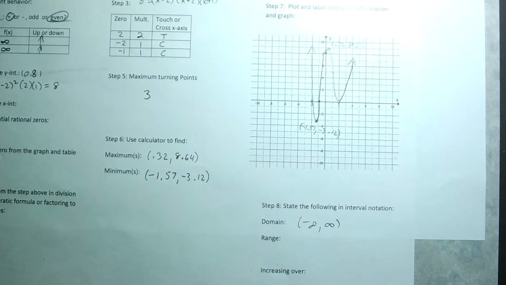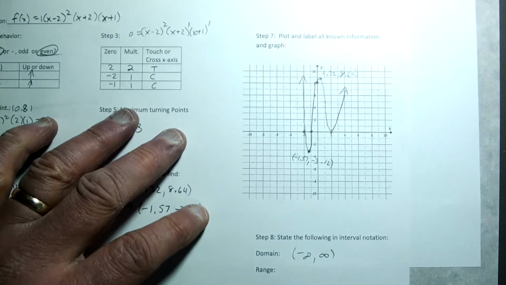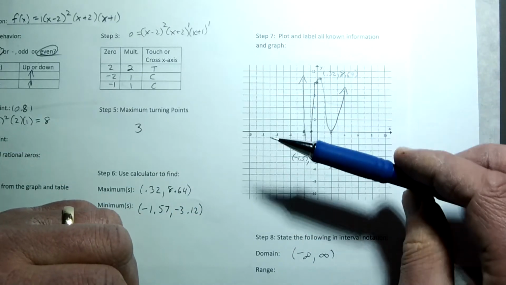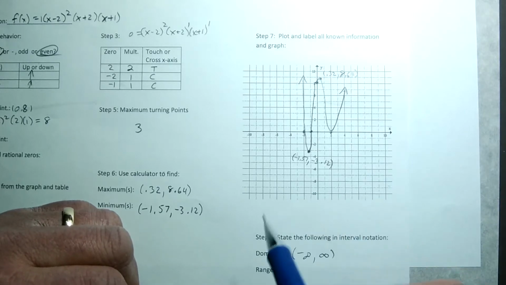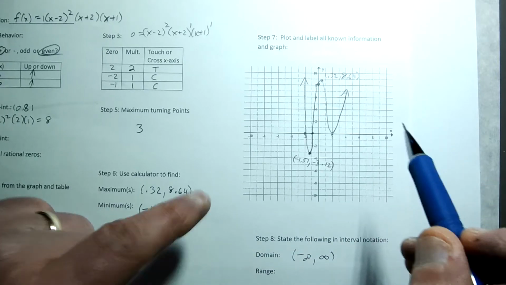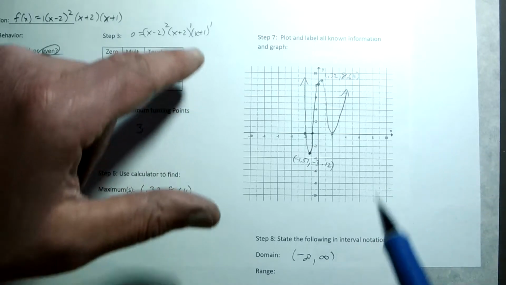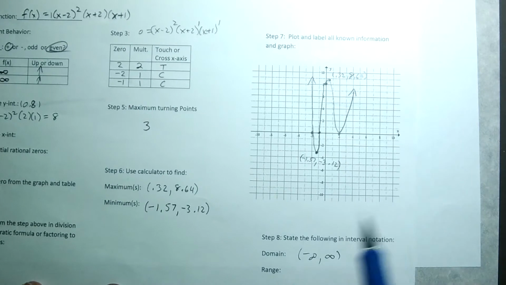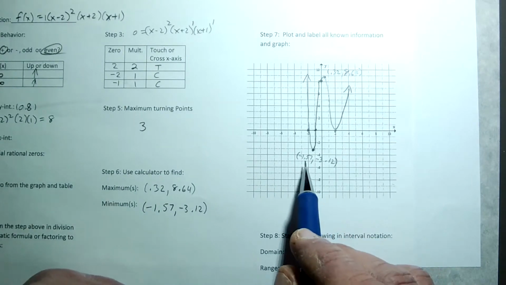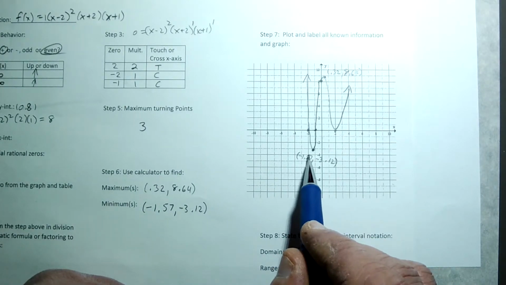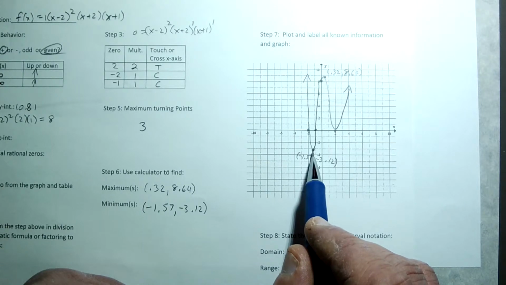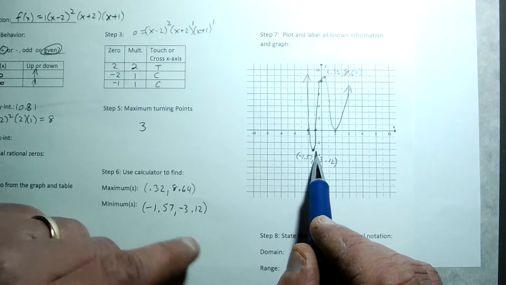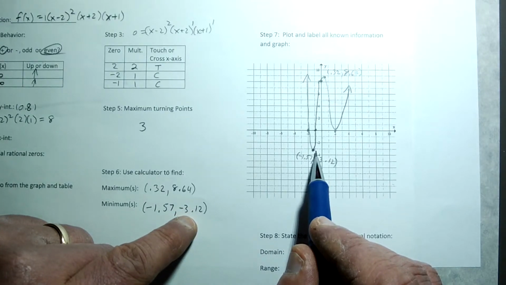But notice on this even degree function, this 4th degree function, there was a limitation in the y values. With odd degree functions, a graph like this, they'll go from -infinity to +infinity or vice versa. But in this particular case, there was a limitation, and it's one of the reasons I plotted the coordinates of the point, because the lowest y value that this function's ever going to reach is the y coordinate to this, which was -3.12.